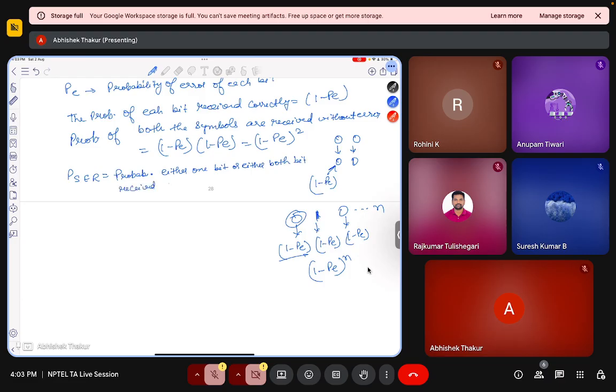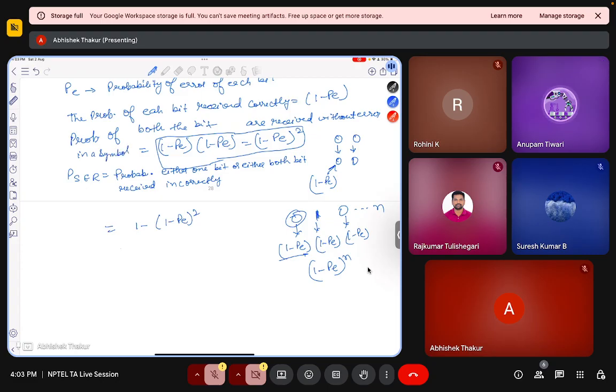In this case, the symbol will be received in error. So this will become 1 minus (1 minus PE) squared, because this is the probability that both the bits are received correctly in the symbol.